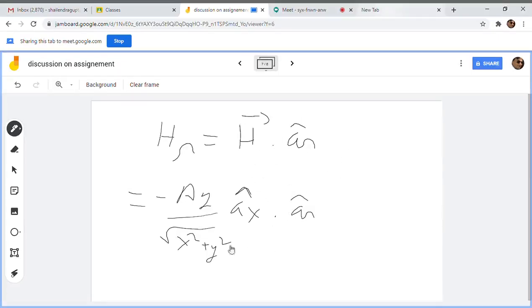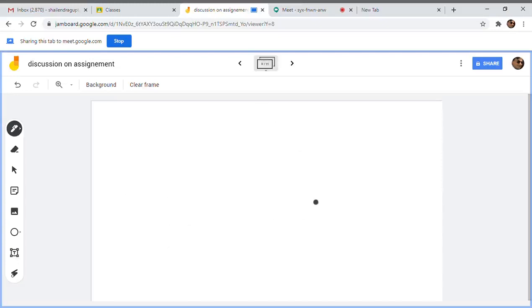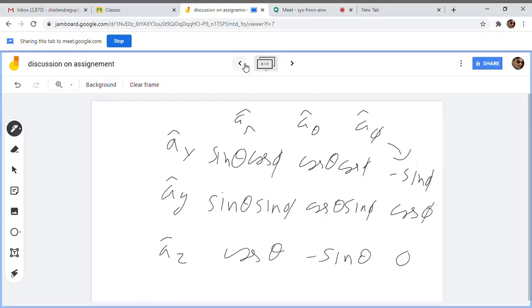So you can see that ax dot ar you can replace with this. Now it is working. Okay, so just replace that.